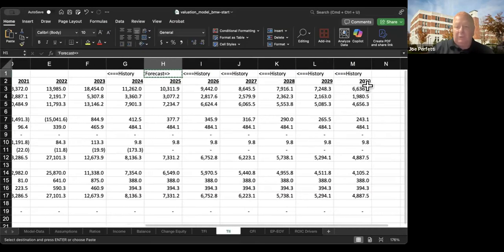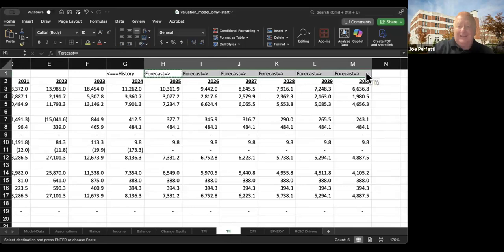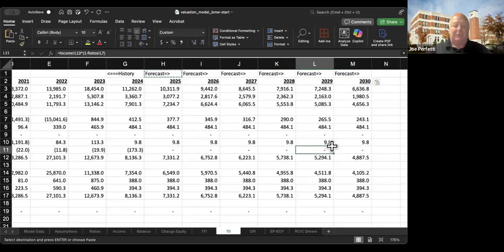This is just going to be very important because a lot of data in this spreadsheet, and I need to know what's real, what's actual historical data, and what is a forecast data. So I delineate it by labeling the columns. All right, so we very quickly, a little more than half an hour or so, created 6 years of forecasted and balancing income statements and TII for BMW based on the ratios.